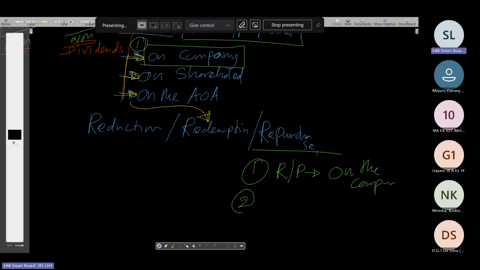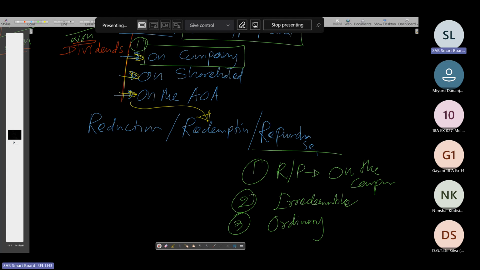Second means buyback of the irredeemable shares. And the third one means buyback of the ordinary shares. These three are known as repurchase.